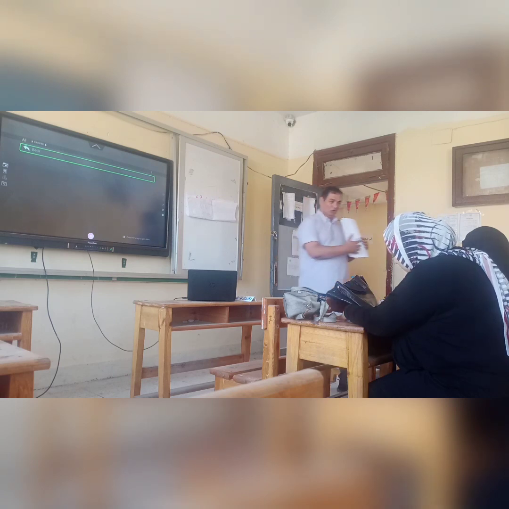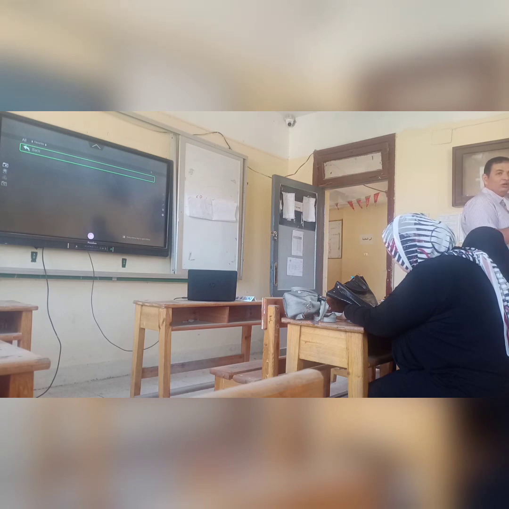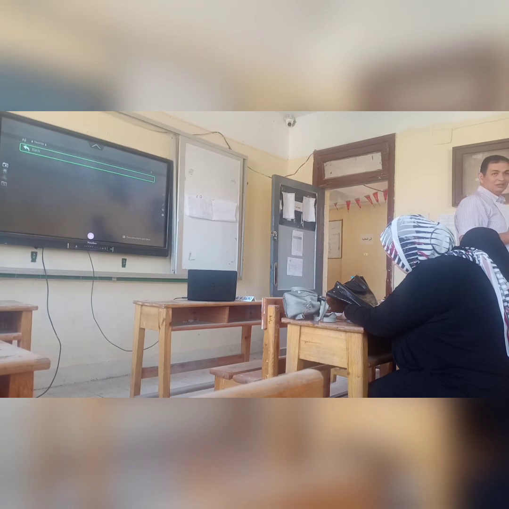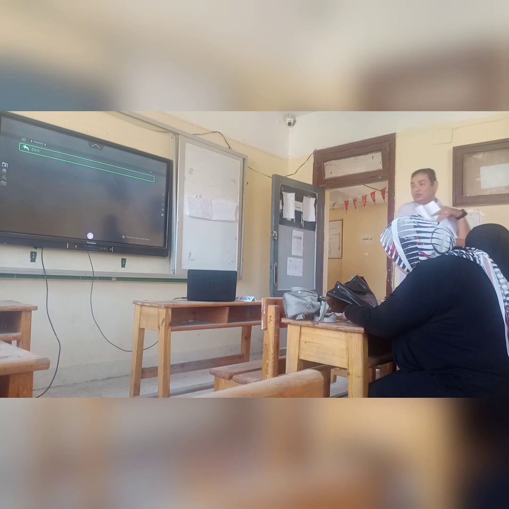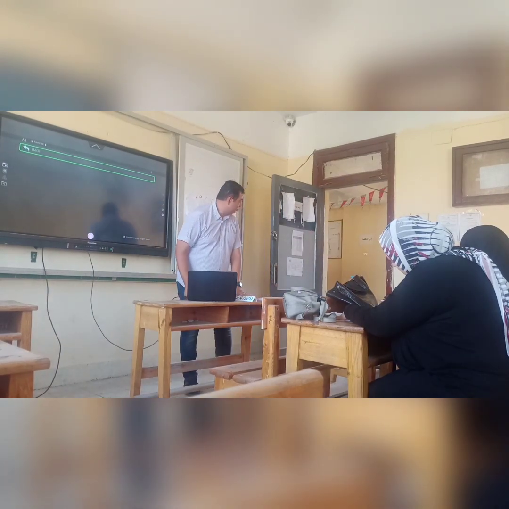And go back, add a sentence, add a sentence, add a sentence. So how many sentences in this paragraph now? 10. So they have written 3 paragraphs and 10 sentences in one paragraph. And we can also ask them to correct the paragraph or check the mistakes. Yes, right? This is a very good way.